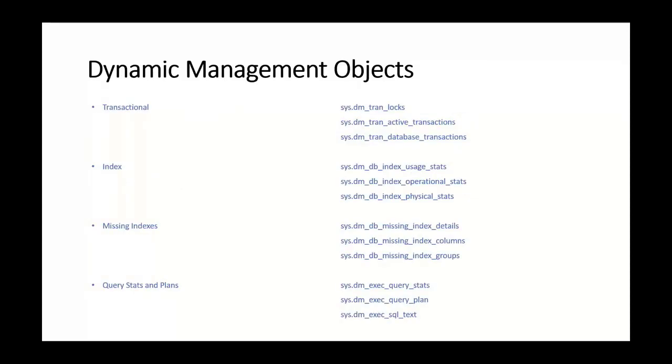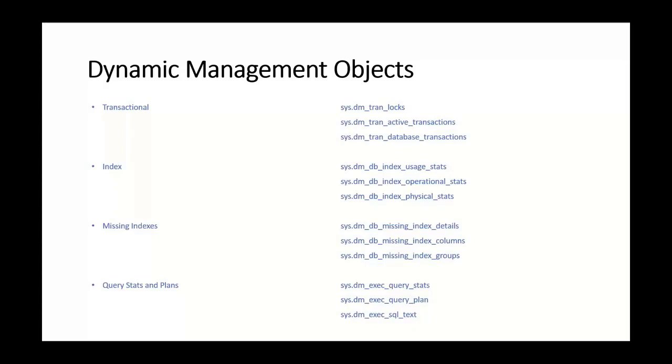The next point is dynamic management objects, views and functions. These are read-only objects that SQL Server presents to the world, I will say, for us, the DBA, to query.